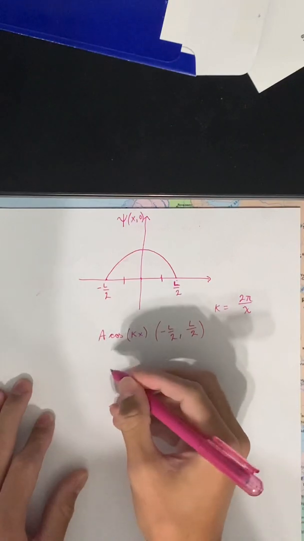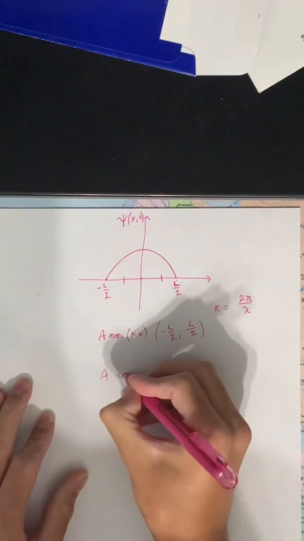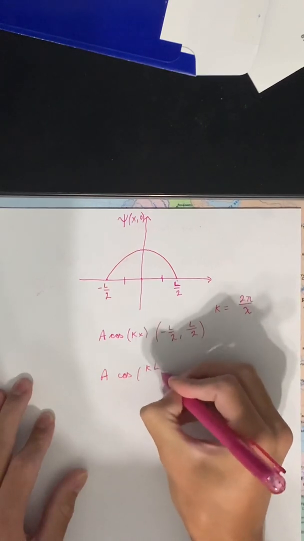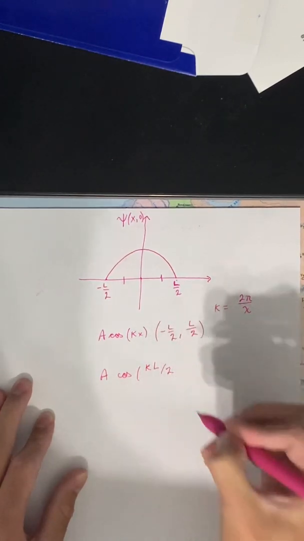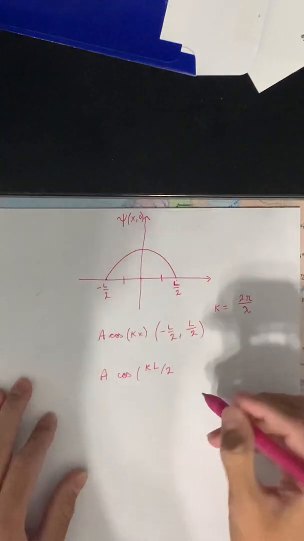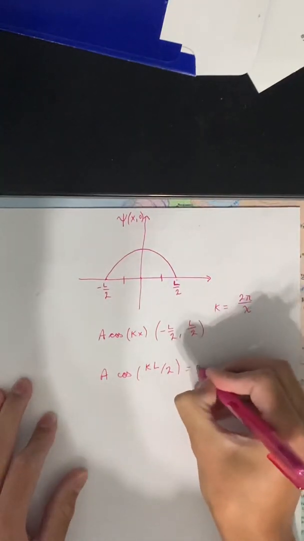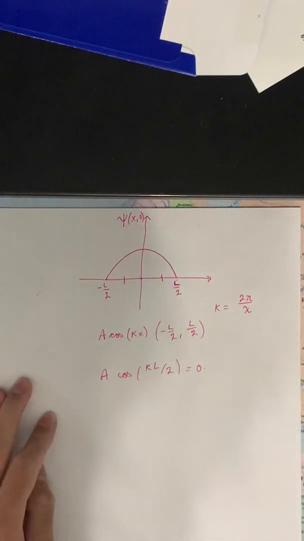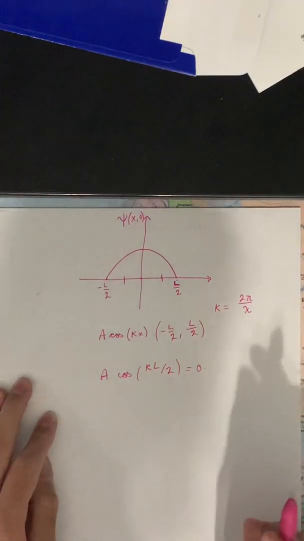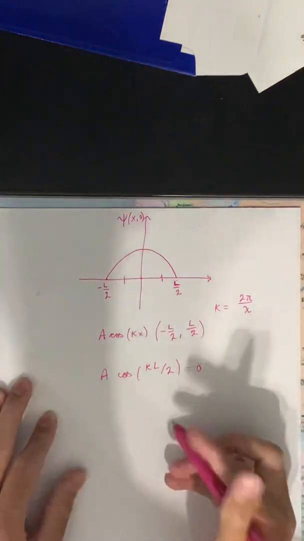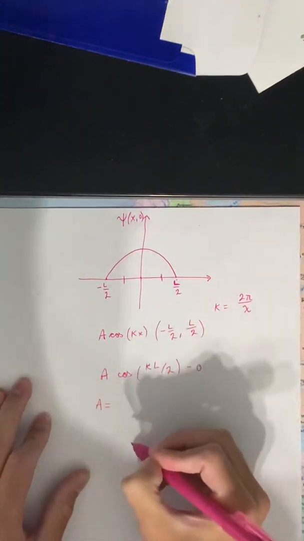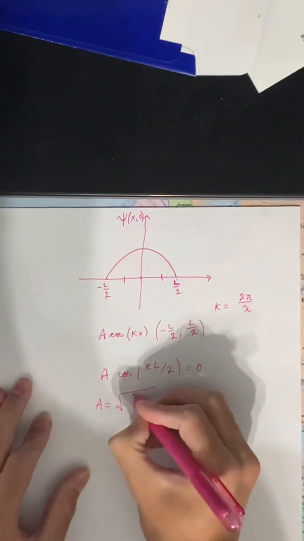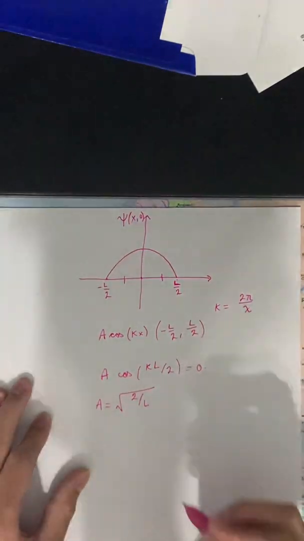At x equals L over 2, A cosine of kL over 2 equals 0. And eventually, we find that the normalization constant, whenever setting this to 0, is going to be equal to the square root of 2 over L.